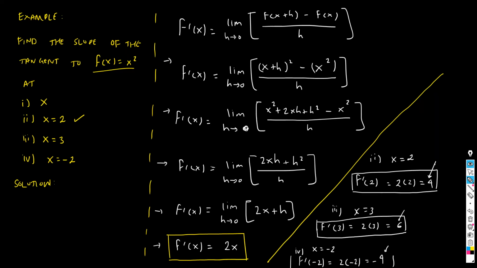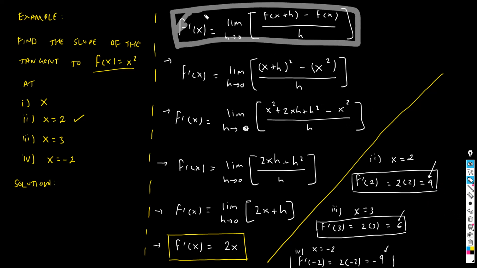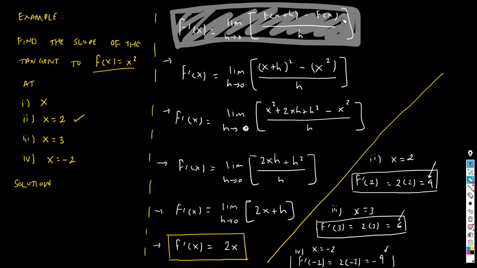So this formula that we got by following this very general formula, which is the general formula to get the slope of any tangent line to the function f at any point x.